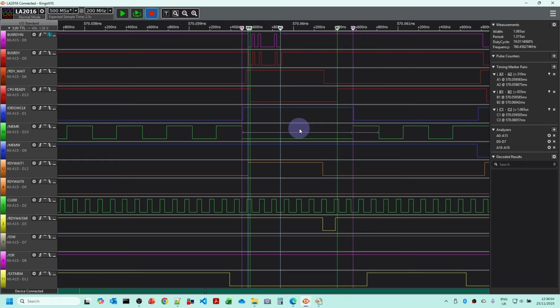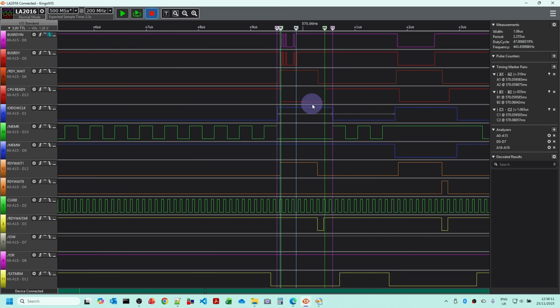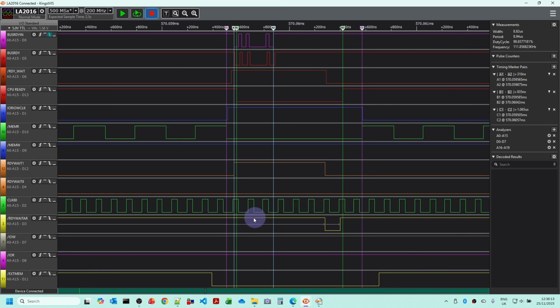So it's been extended by a fair bit more, and you can see that the A1 to A2 there is about 310 nanoseconds.